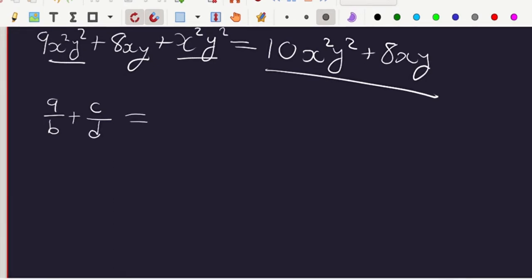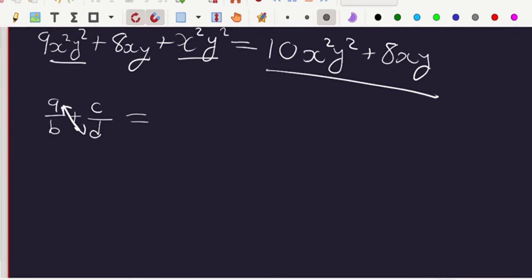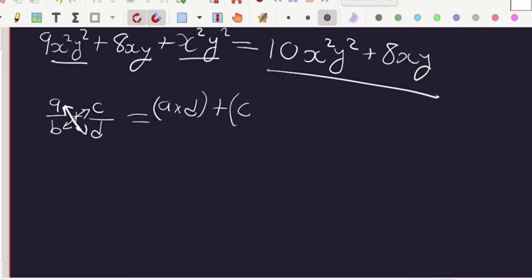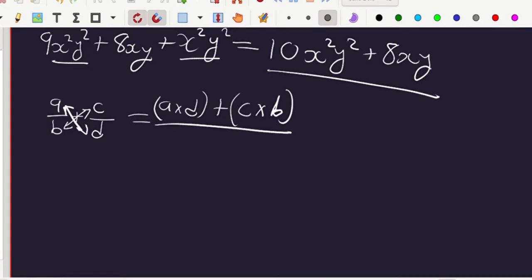The correct way is to multiply crosswise: a multiplied by d, plus c multiplied by b, divided by the denominator.